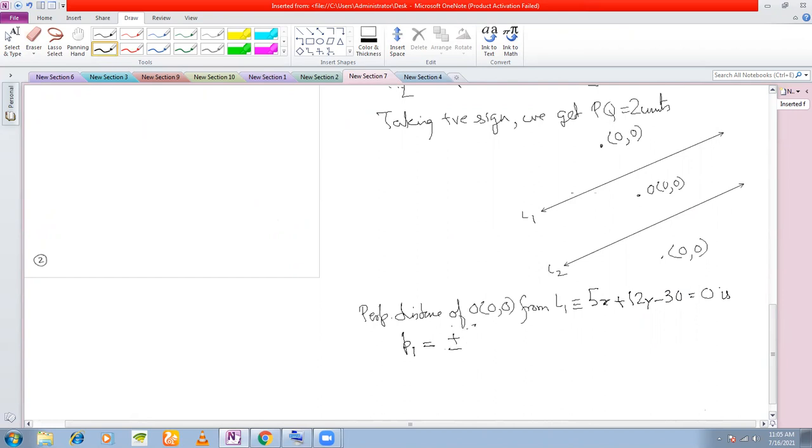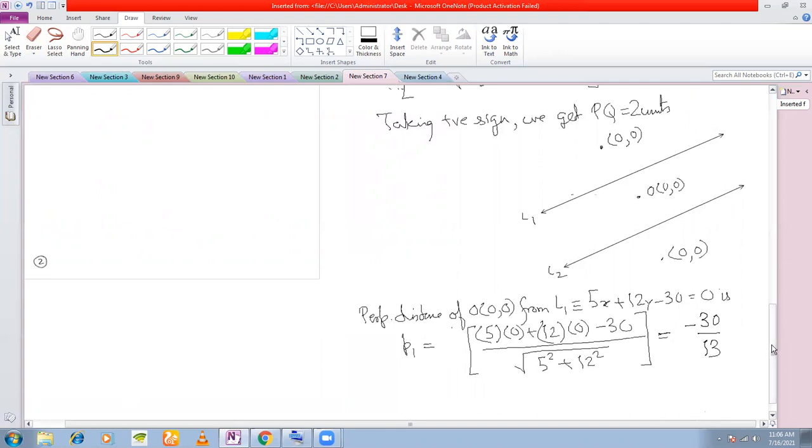Plus or minus Ax1 plus By1 plus C divided by root over of 5 square plus 12 square. For the time being, ignore the plus or minus sign. We'll come to it later. We'll get this as minus 30 by 13. Okay, this is what we'll get.